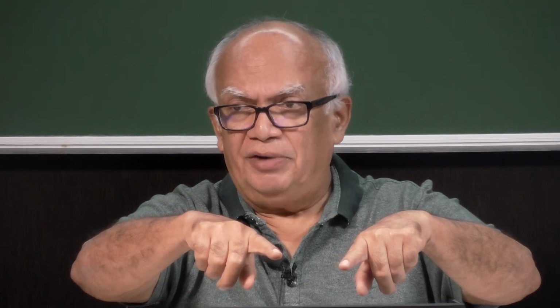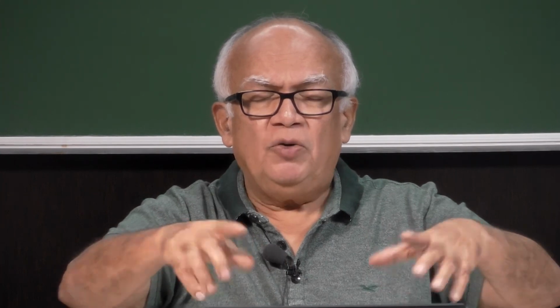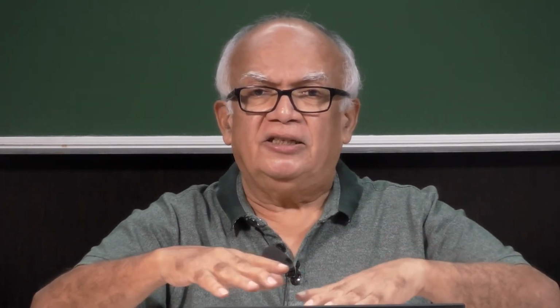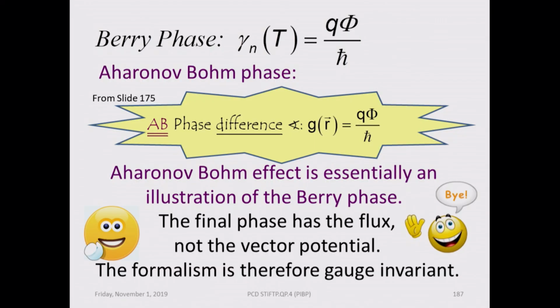So, it does go through that region, but when you add up the surface integral B dot ds, it is over this entire surface, which you can think of as the part of the surface area which is inside the solenoid and the part which is outside. The part which is outside the solenoid contributes 0 to B dot ds. There is no magnetic field there. But what is inside is what contributes to the flux, which is phi, which goes into the Berry phase, which is nothing but the Aharonov-Bohm phase.